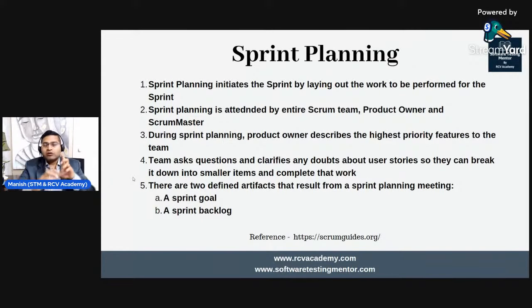Say there were 100 stories in the product backlog, and we picked 5. Those 5 user stories that we picked in sprint one are the sprint backlog. And the goal that we defined for that login module, the statement that the whole team agreed on, is the sprint goal.